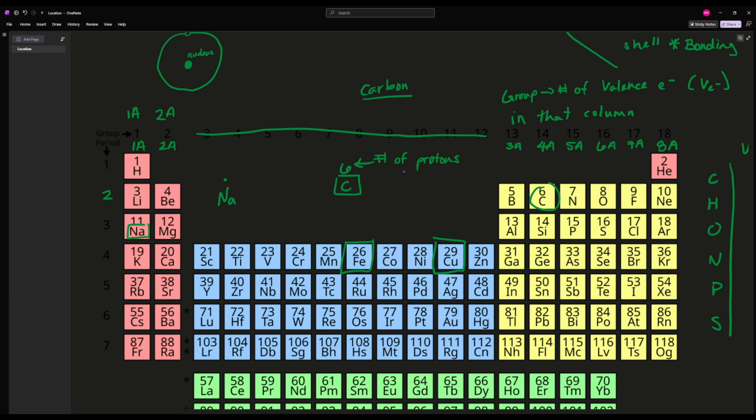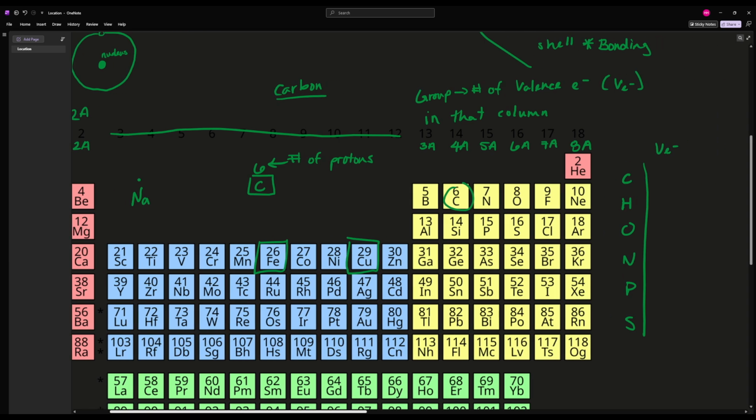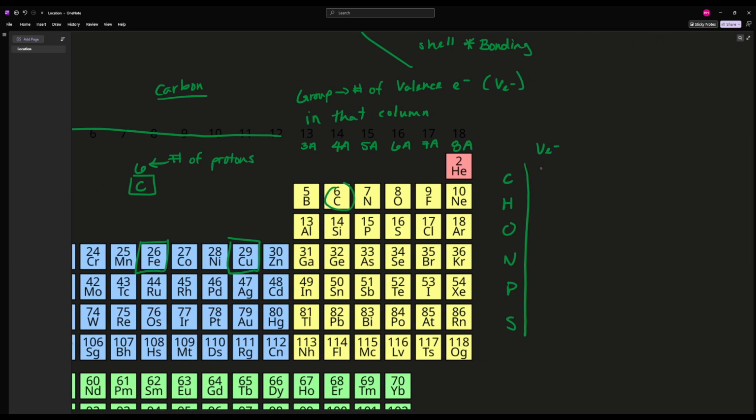The first period electrons will be sitting in the first shell, and they will not be partaking in bonding for the purposes that we care about in Biz 2A. So we count starting from the left with lithium. There's 1, here's 2, 3 for boron, and 4 for carbon. So that tells us that carbon has 4 valence electrons.